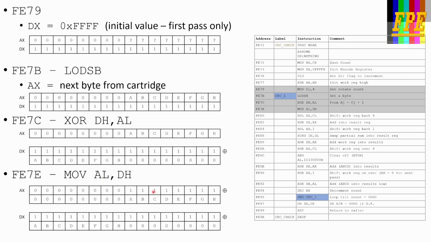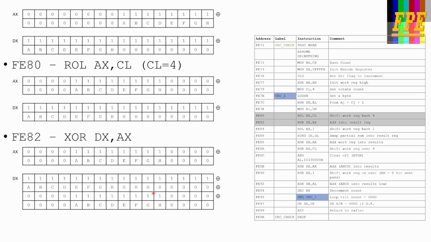So now AL is that part of the sequence, and it does not touch the high byte, so that's what was left over from before. Continuing, this is where we left off. The next one is to ROL, which is effectively a bit shift left or rotate left. CL happens to be 4 in this case, so we shift the AX register left 4 bits. That's all that happens there.